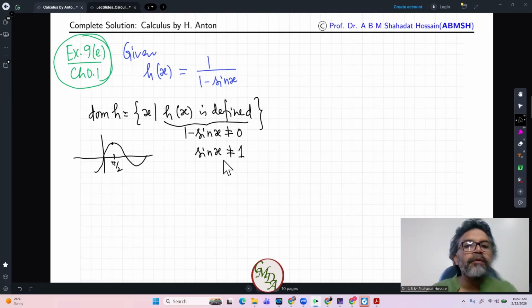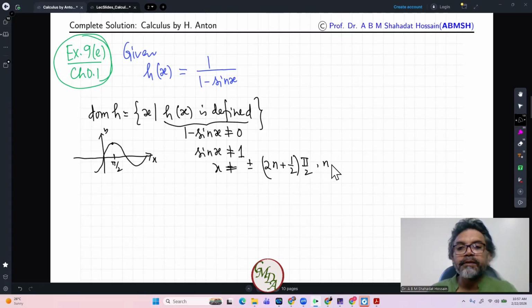So in general, you can write that x cannot be equal to 2 and a half pi. So after a 2 pi period for the sine x function, so 2n plus half, into pi, plus minus, where n starts from 0, 1, 2, and so on.